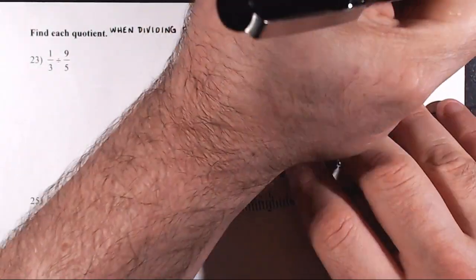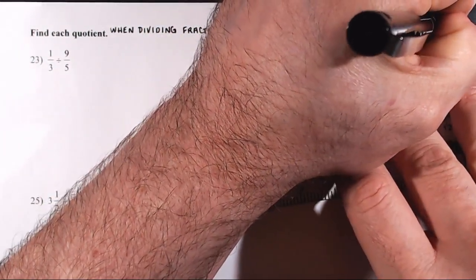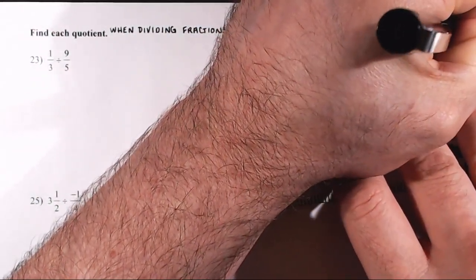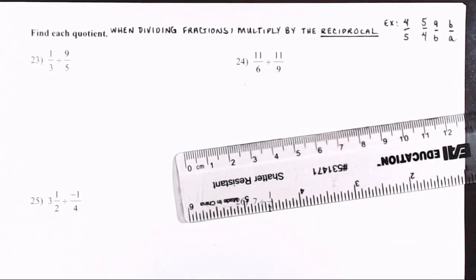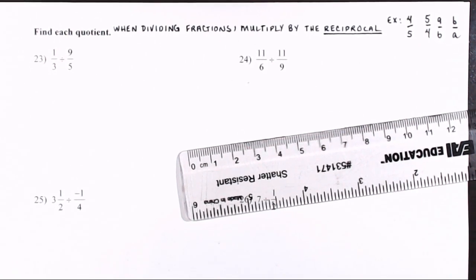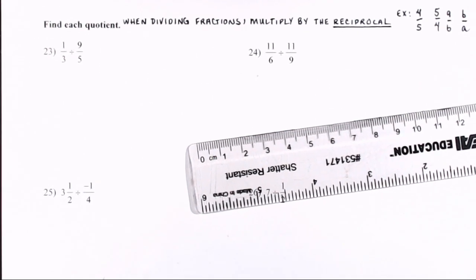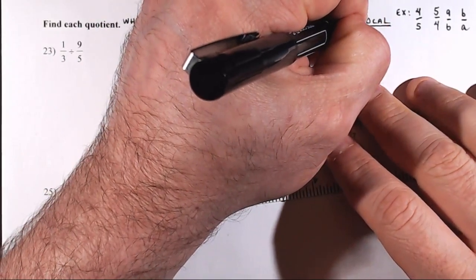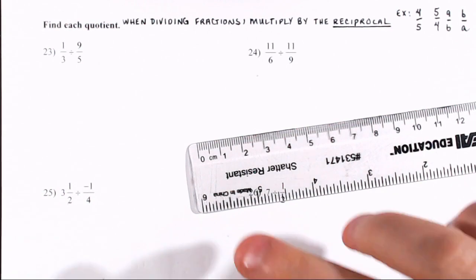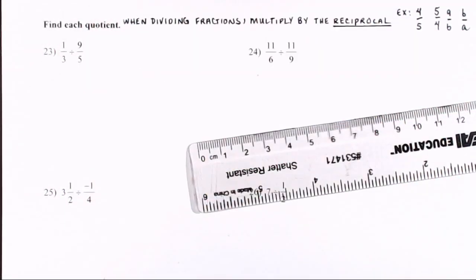And in general, if you have the fraction a over b, the reciprocal is b over a. Sometimes back in the day, this was called invert and multiply. I like to use the term reciprocal because it becomes important later when we're doing algebra. So the reciprocal of a number, you basically just flip the fraction.